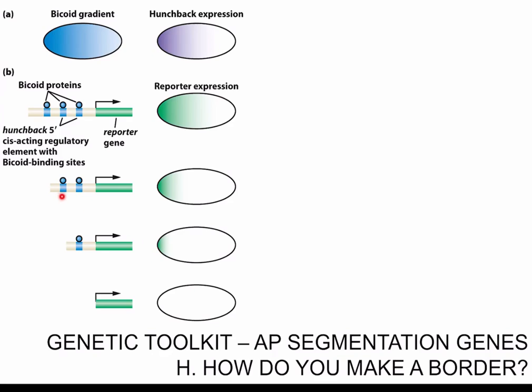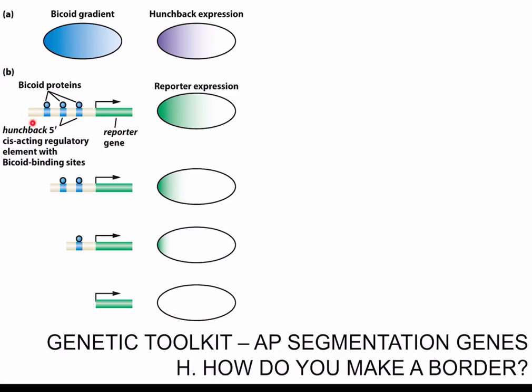Once you have two Bicoid binding sites, then the minimum amount of Bicoid required is smaller, because there are more binding sites, more locations on the DNA for Bicoid to bind, and therefore there are more chances for Bicoid molecules to bind the DNA or stick to the DNA, even when you have a lesser amount of Bicoid.